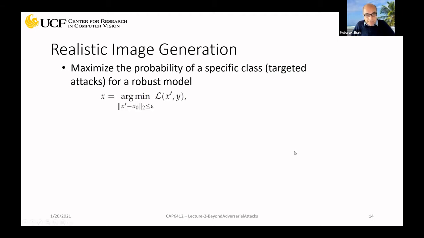We want to find X prime such that for the image X prime, the classifier says label Y. We'll start with some initial estimate X0, and we will have this loss function, and we put the image into the classifier and want it to be classified as class Y. So it's a simple minimization problem. We'll use PGD to do that, and we can determine X.